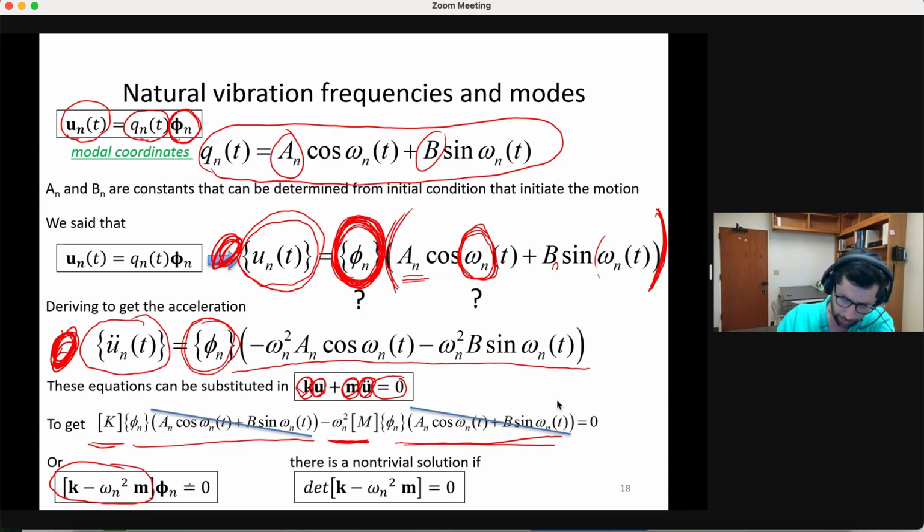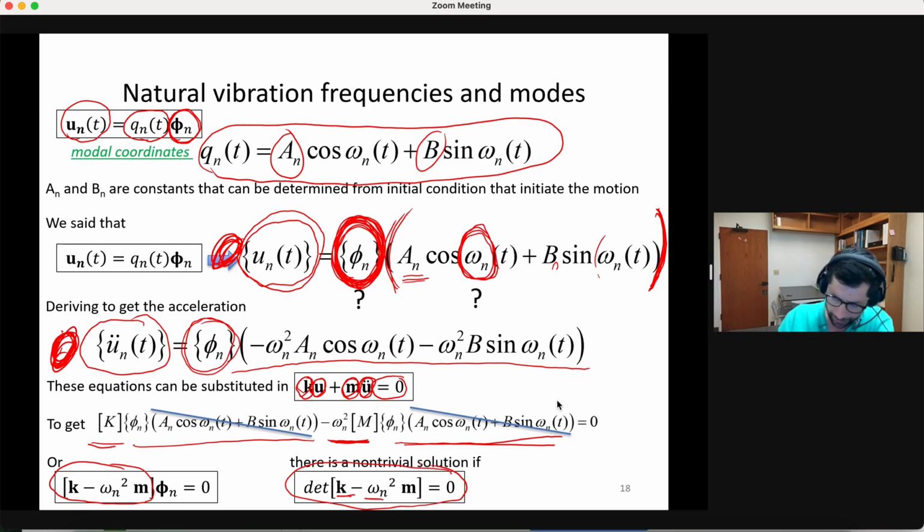Well, clearly, a solution of this problem is possible if the determinant of the matrix, stiffness matrix minus omega n squared times the mass matrix, is equal to 0, okay? So a solution is possible if the determinant of this matrix, which is written here, is equal to 0.